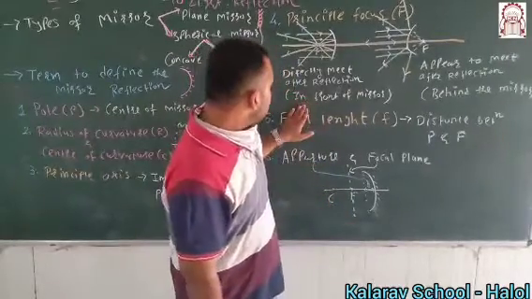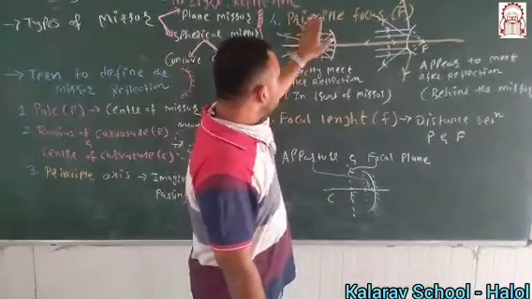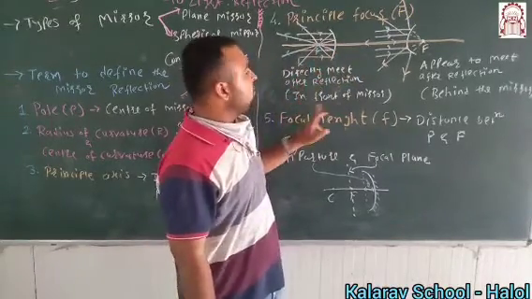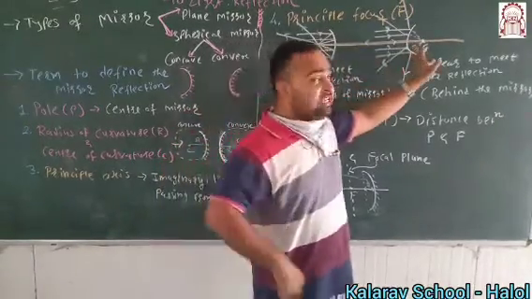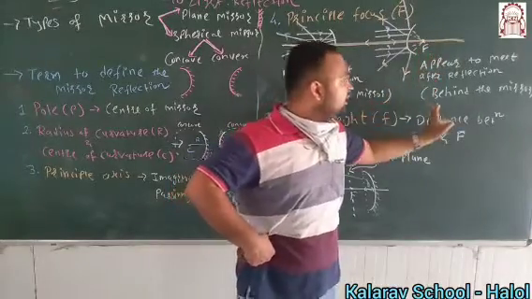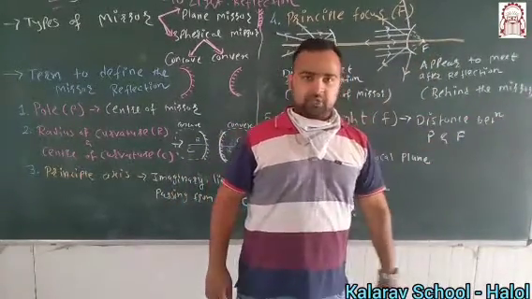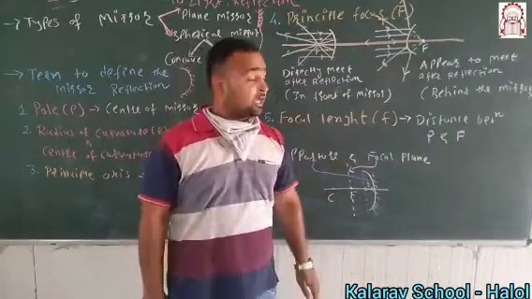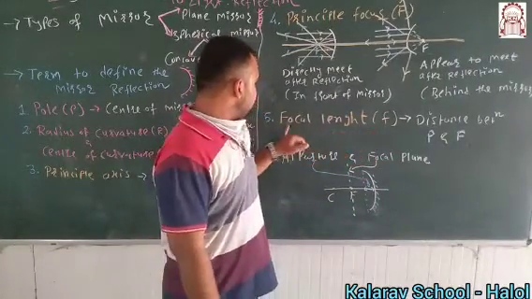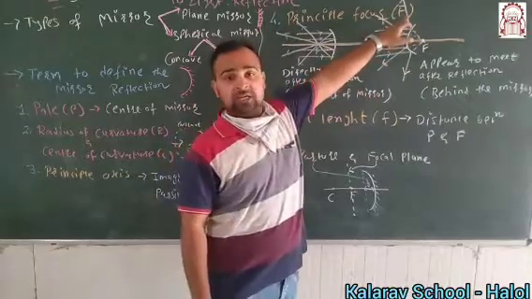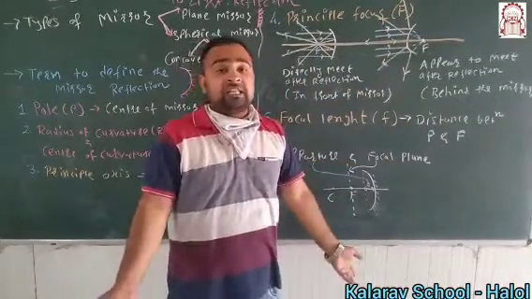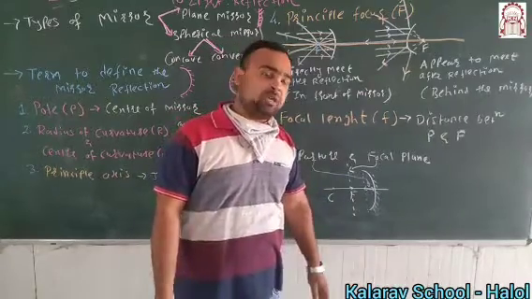Understood? Here you can see that the principal focus for the concave mirror is in front of the mirror, while in the case of the convex mirror it is behind the mirror. Next point is the focal length. Focal length is represented by a small f, because we are already using the capital F, and we know that length is always specified by the smaller letter.